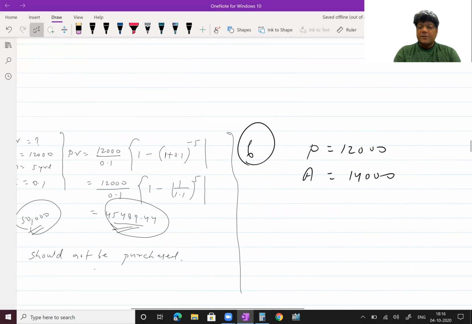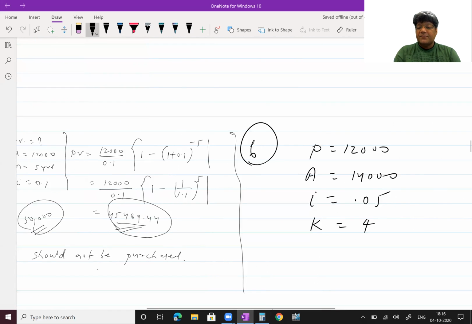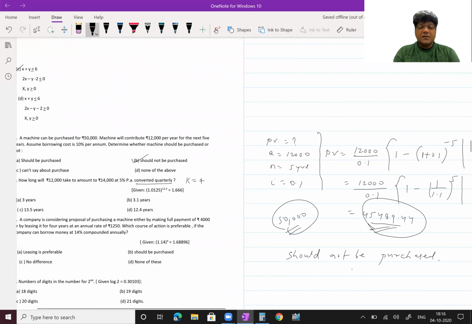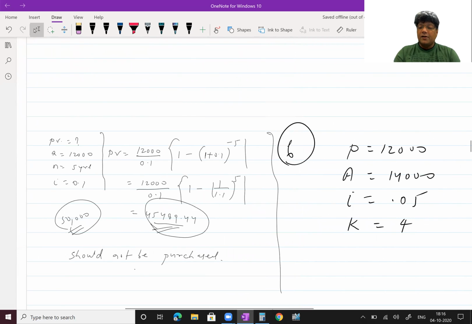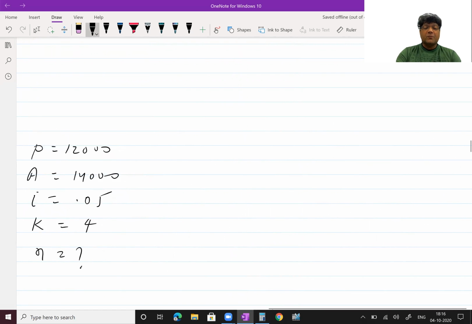Rate of interest 5%, I is equal to 0.05. K is equal to 4, converted quarterly. Number of years they have not given. We are supposed to calculate how long will, N is equal to. This way, if you are able to copy a question, the question is over. Now simply you have to put into the formula and calculate.